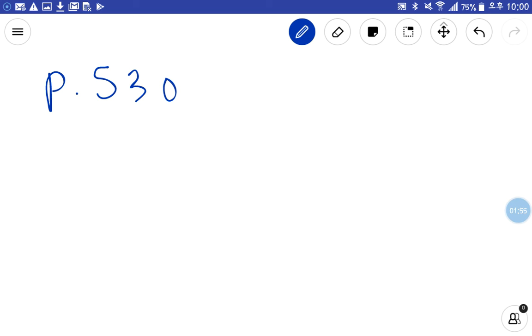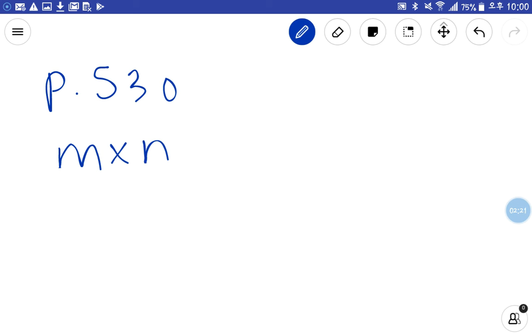So look at the definition of a matrix. Let m and n be positive integers. An m times n matrix, or m by n matrix, is a rectangular array of m rows and n columns of real numbers. That might confuse you, right? So we are going to talk about an m by n matrix.